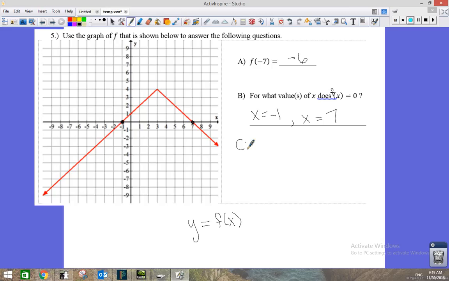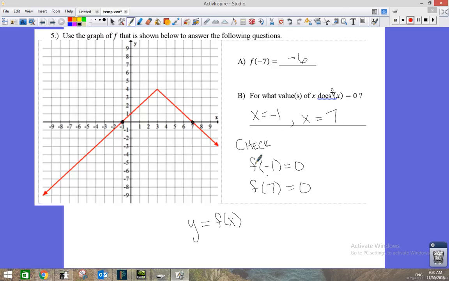Let's check my answer using the idea that we did in part A. If I evaluate this function at x equals -1, when x is -1, the y coordinate is 0, just like they wanted. And when f is evaluated at 7, f evaluated at x equals 7 is also 0.